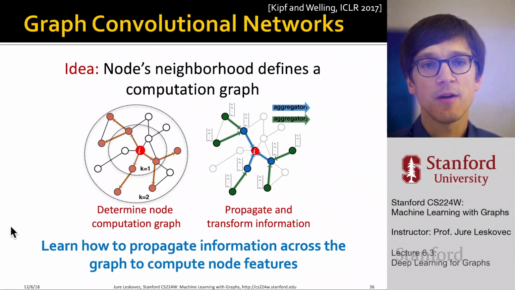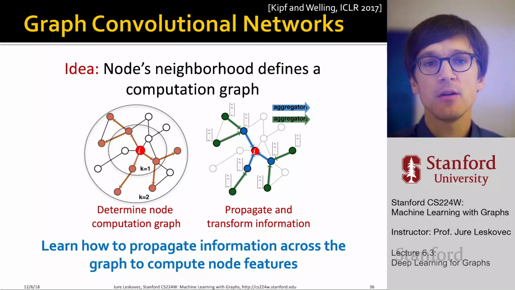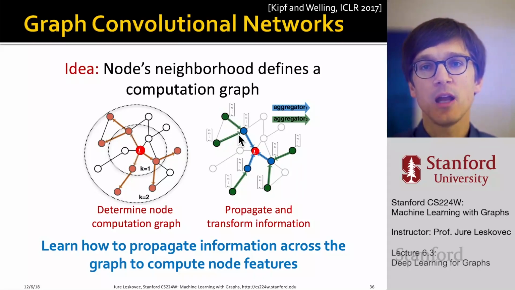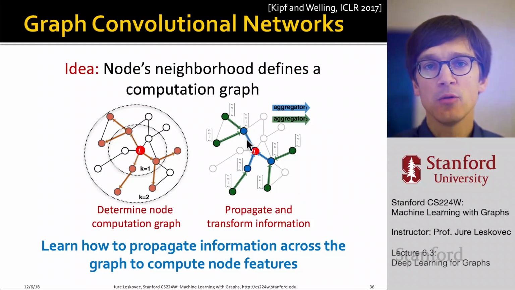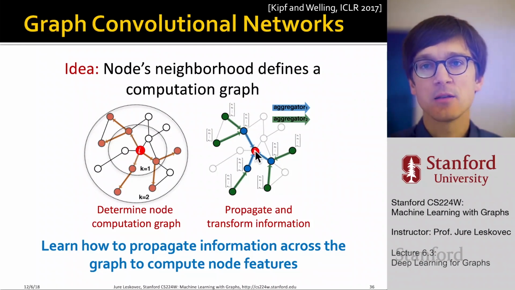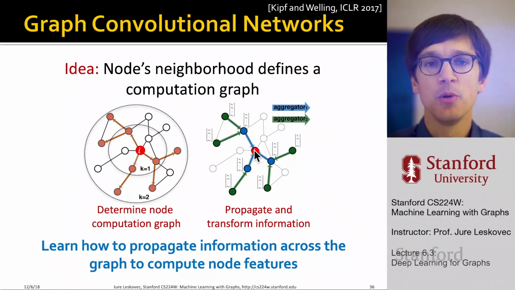So if I want to make a prediction for this red node I in the network, then I is going to take information from its neighbors, and neighbors are going to take information from neighbors of neighbors, and we are going to learn how to propagate this information, how to transform it along the edges of the network, how to aggregate it, and how to create a new message that then the next node up the chain can again aggregate, transform, and compute.